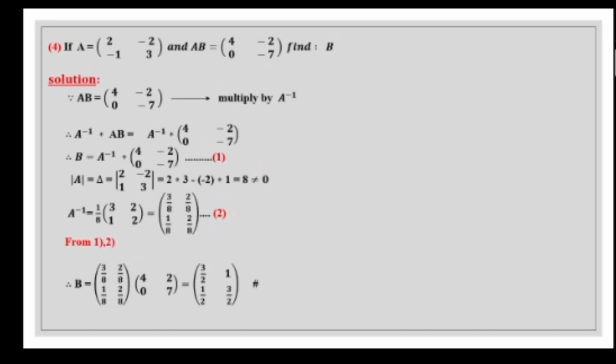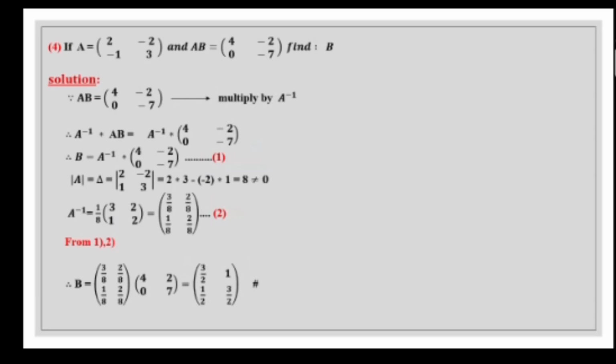The determinant of the matrix A, which is the determinant of 2, negative 2, 1 and 1, 3, equals 2 times 3 minus negative 2 times 1, which equals 8, different than 0.